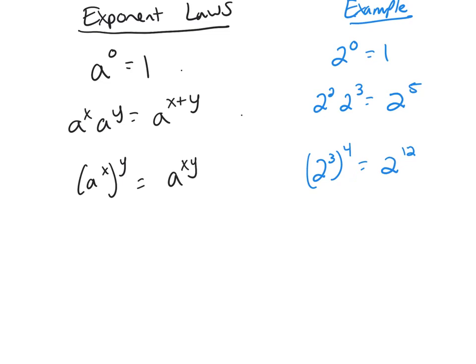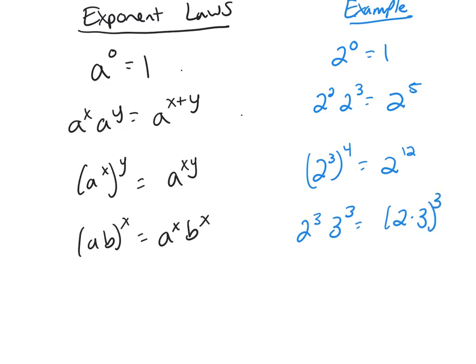If I have a times b to a power, I can split it up or combine them. So for example, if I have 2 cubed and 3 cubed, they have the same exponent, so I can combine them into 1 power, and it would be 6 cubed.